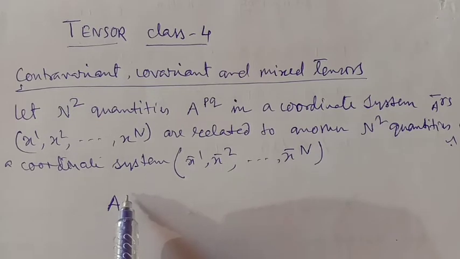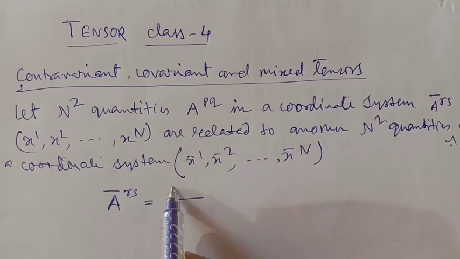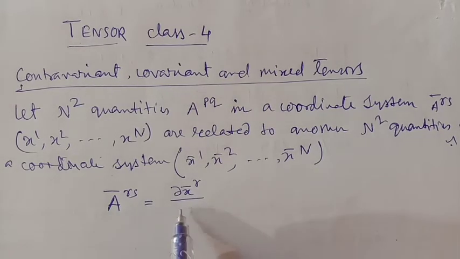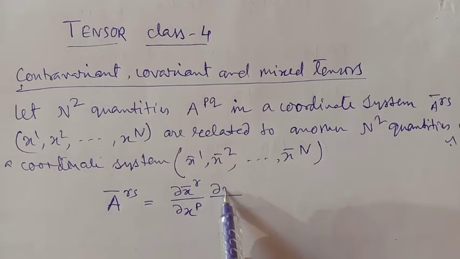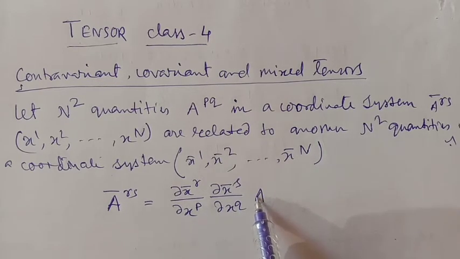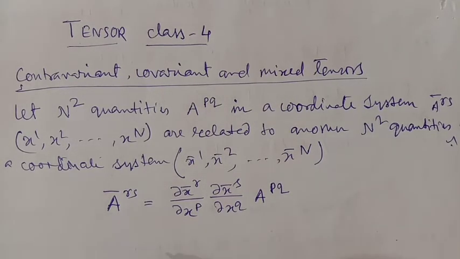Ā^{rs} is equal to ∂x̄^r/∂x^p ∂x̄^s/∂x^q A^{pq}. Then A^{pq} is called a contravariant tensor of rank 2.